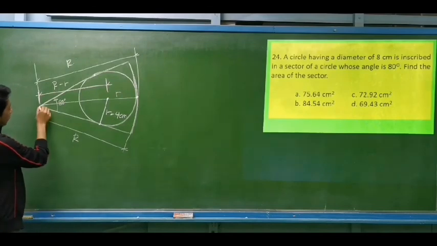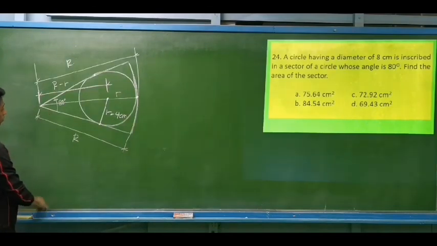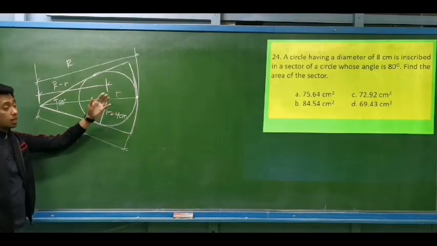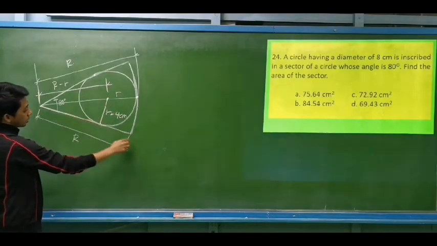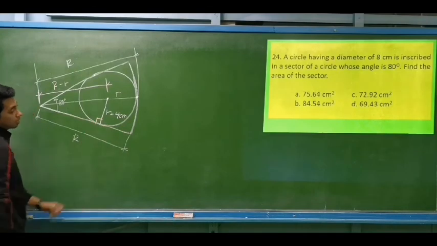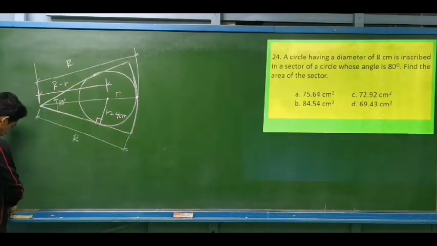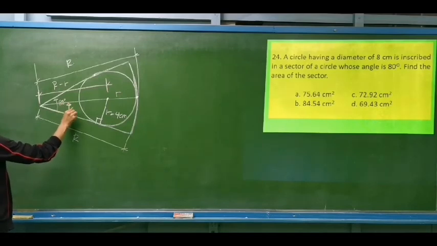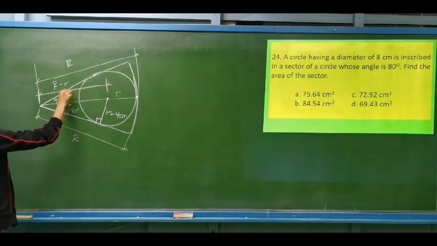Tapos, this radius of the sector is a tangent line to the circle. Lagi natin sinasabi na ang tangent line at saka radius ng circle ay laging perpendicular. So, yung 80 degrees na to, mahati din. This is now 40 degrees and 40 degrees.